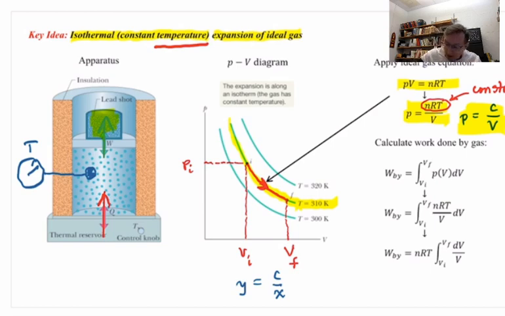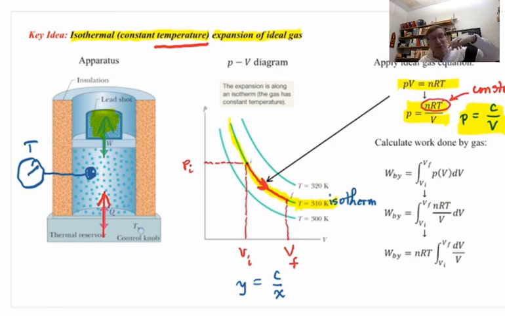And each one of these curves that you see in the PV diagram, we're looking at that middle one, are called isotherms. So the one we have there in the middle is the isotherm for the temperature 310 Kelvin. And for every possible temperature of the gas, there is a separate isotherm curve.